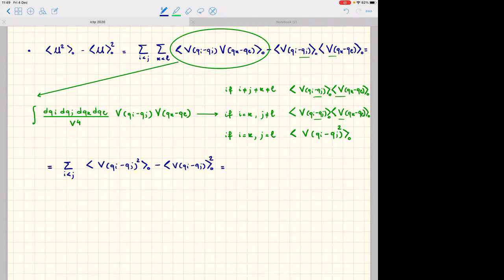Yes, for the first term, this is for this one. So from here, you have to go down here.